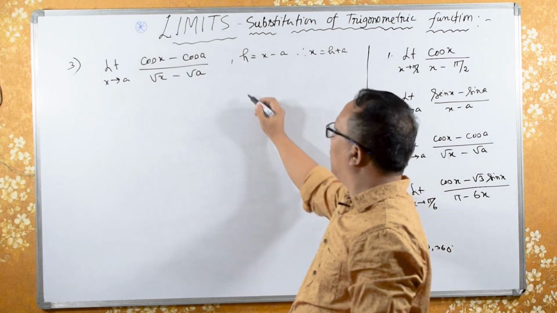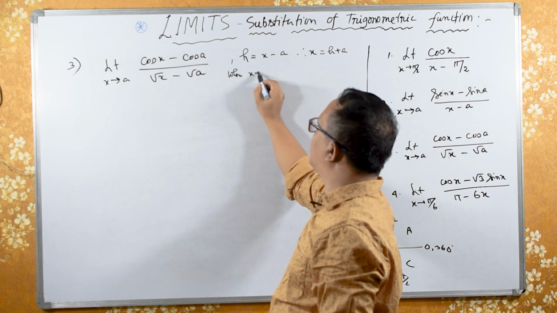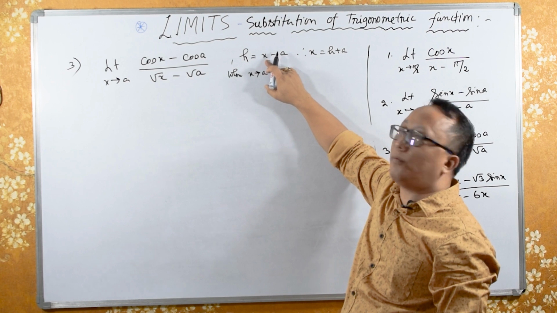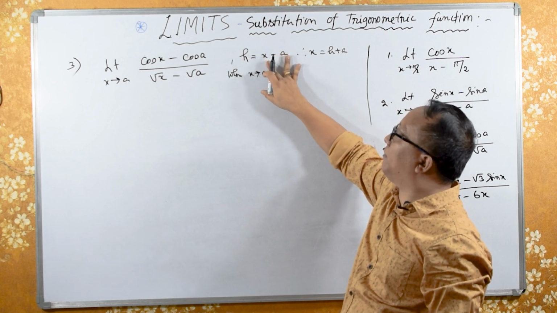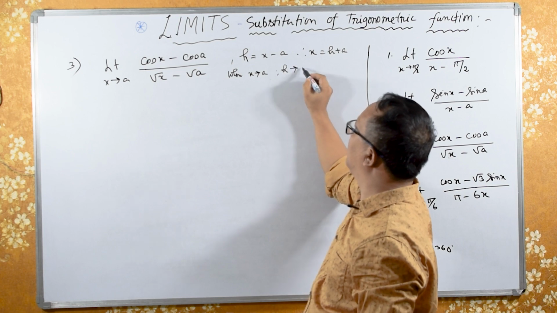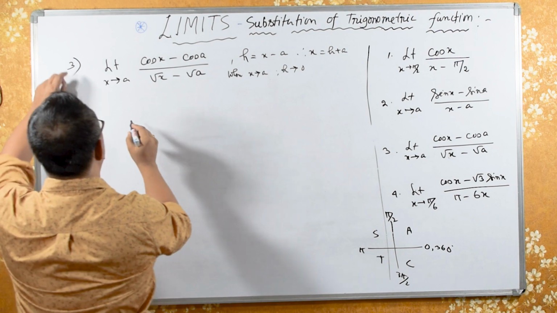Okay. When x tends to a, when x equals a, what is the value of h? a minus a becomes 0. Therefore, the value of h becomes 0. Now substitute here.